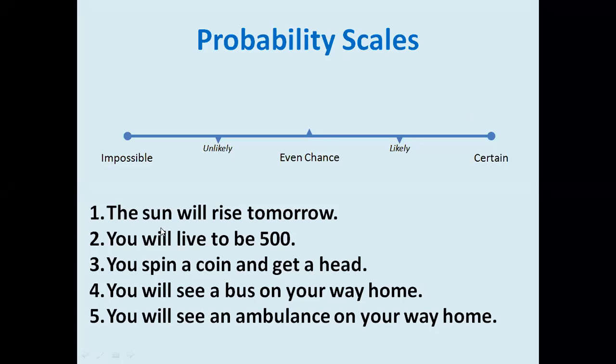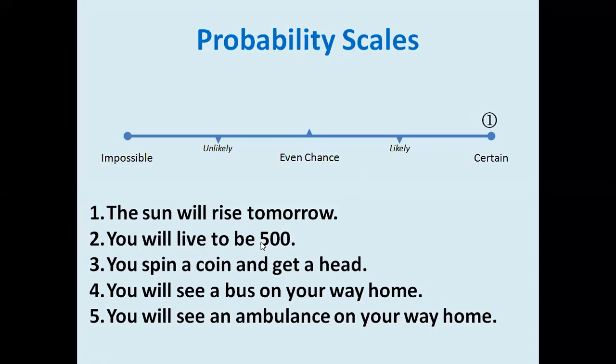Now, the sun will rise tomorrow. What's the possibility of the sun rising tomorrow? That's of course something that we are sure about. It's certain. You will live to be 100. What do you think?